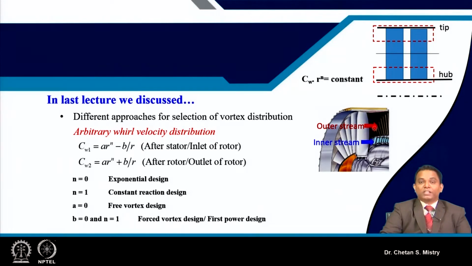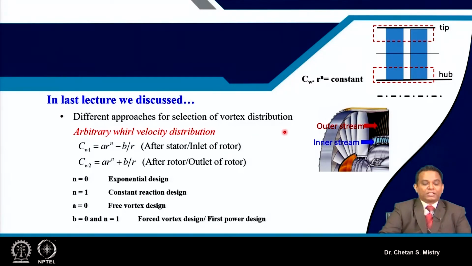On the upper portion of the blade, where radius and speed are changing, we consider the loading to be higher, and the expected pressure rise in that region is higher. In that case, you need to modify the vortex energy equation to consider the variation of stagnation enthalpy with radius.